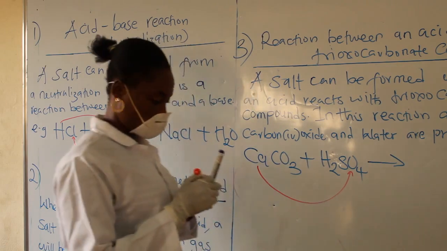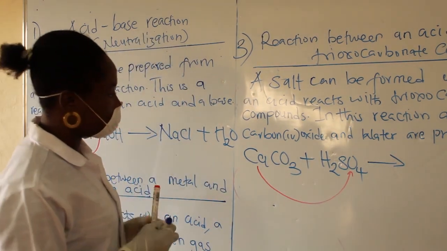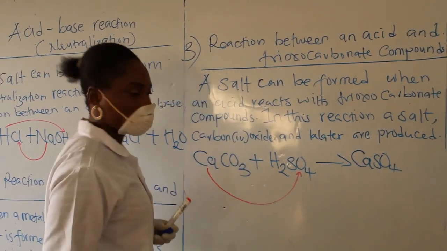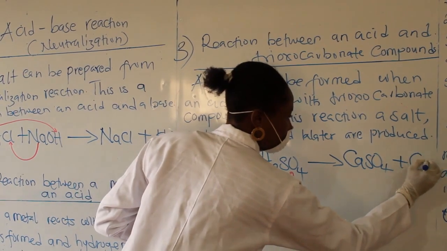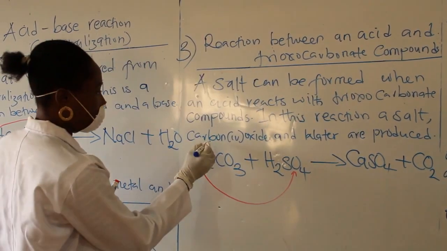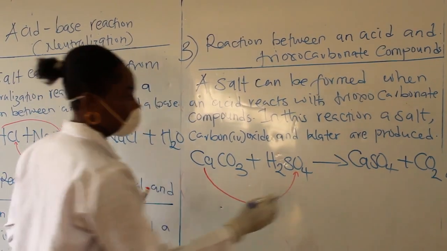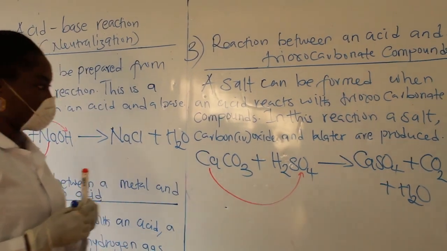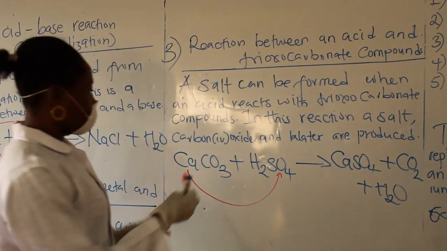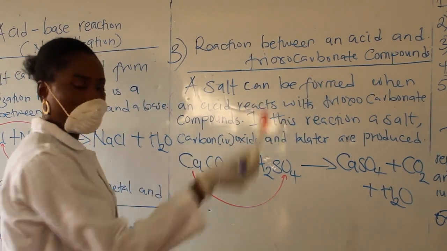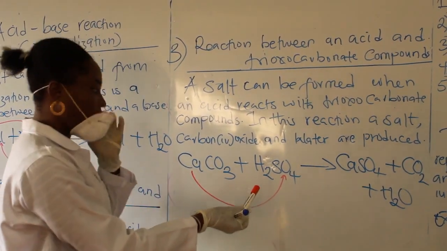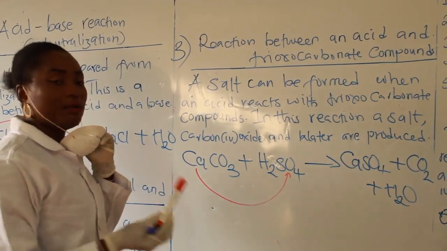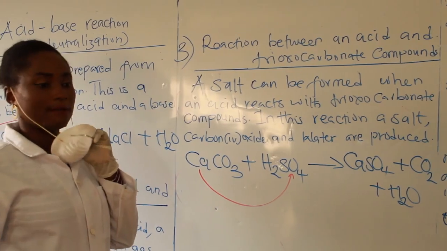The remaining oxygen reacts with hydrogen. This is exactly what we form: calcium sulfate, the salt, plus CO2, carbon 4 oxide, plus water. So you have calcium carbonate, a trioxocarbonate compound, reacting with an acid to form calcium sulfate, a salt, carbon 4 oxide or carbon dioxide, and water.